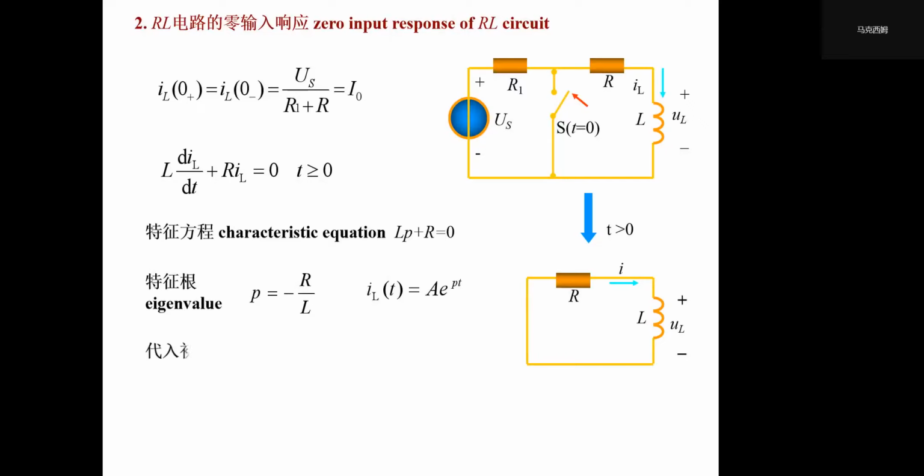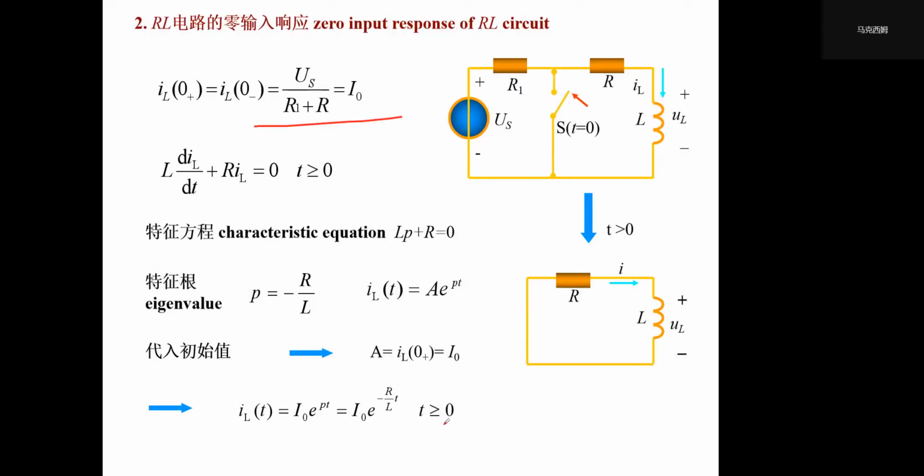And the initial value of i_L we already know is like this. So we can just put it in and we'll reach the conclusion. So this is it. It looks very similar to the RC circuit we have talked about before.